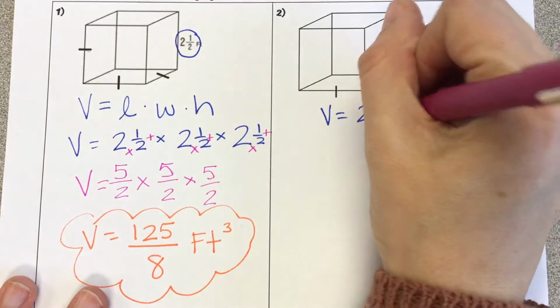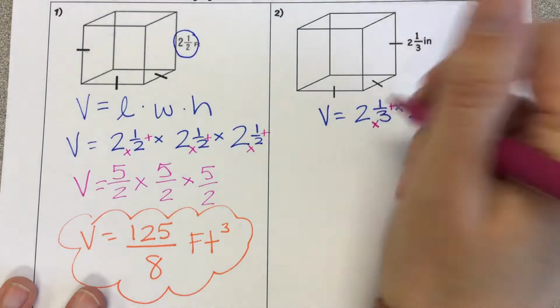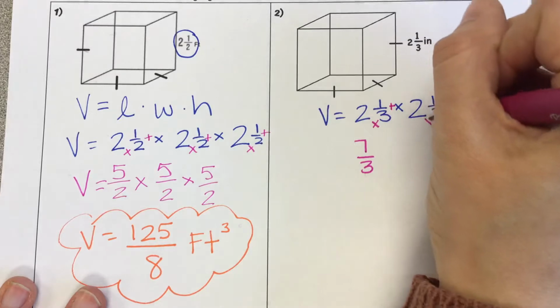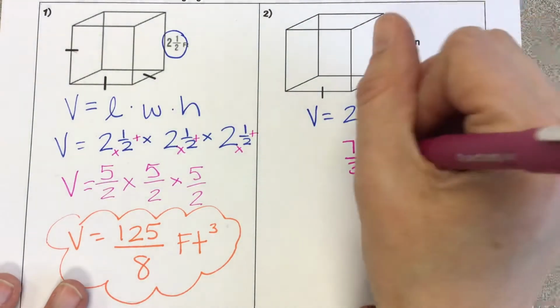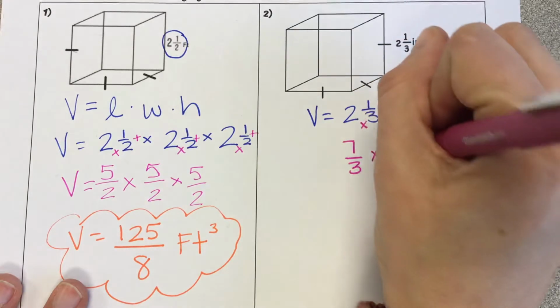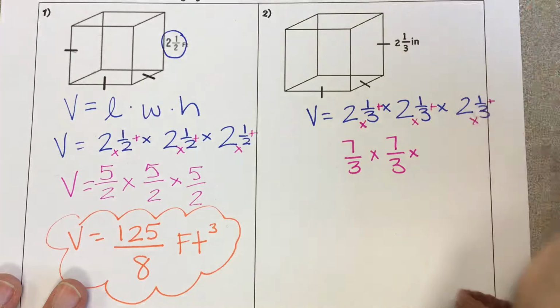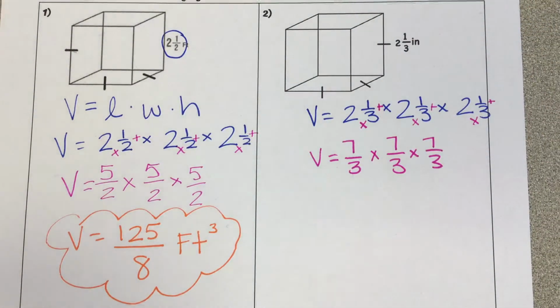So 2 times 3 is 6, plus 1 is 7 over 3, times 2 times 3 is 6, plus 1 is 7 over 3, times 2 times 3 is 6, plus 1 is 7 over 3.